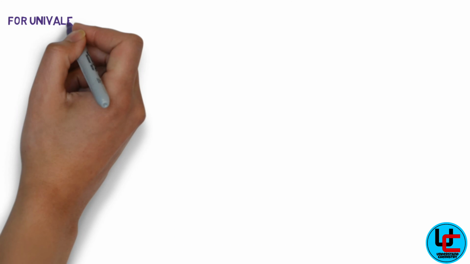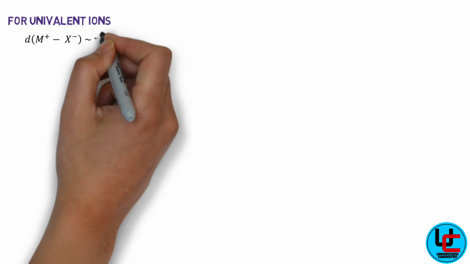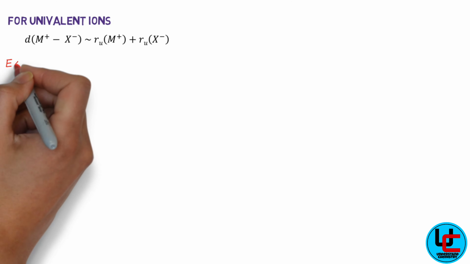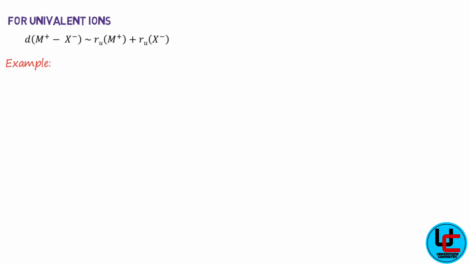It was observed that for univalent ions, the experimental value of the internuclear distance between the ions of an ionic crystal has been found to be equal or nearly equal to the sum of univalent radii of univalent cations and anions. Mathematically, the internuclear distance between univalent cation M and univalent anion X is equal or nearly equal to the sum of radii of univalent cation M and anion X. Consider again the example of sodium fluoride.